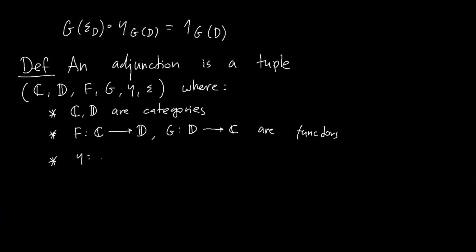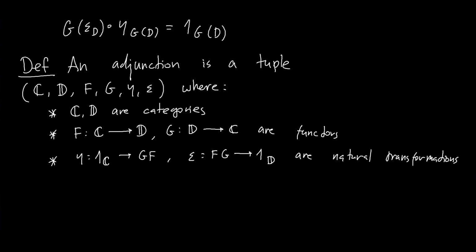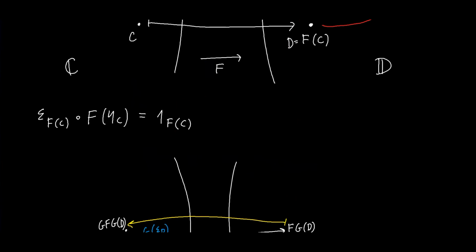And eta is a natural transformation from the identity of C to the composite GF, and epsilon is a natural transformation from the composite FG to the identity of D. So these are natural transformations. Such that we have these two identities.